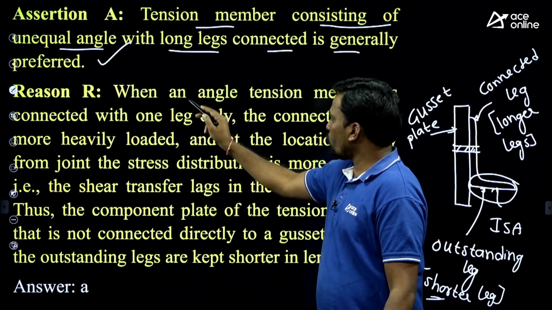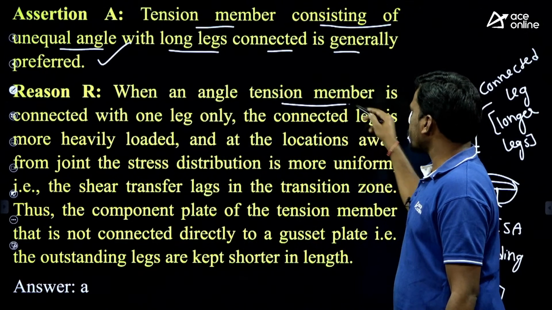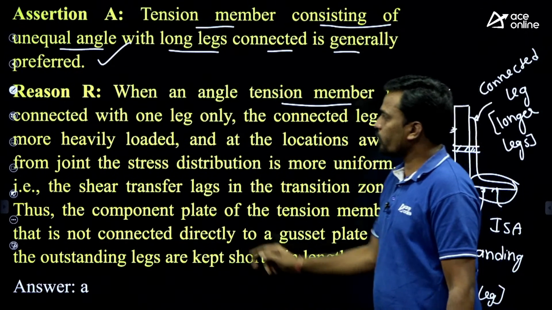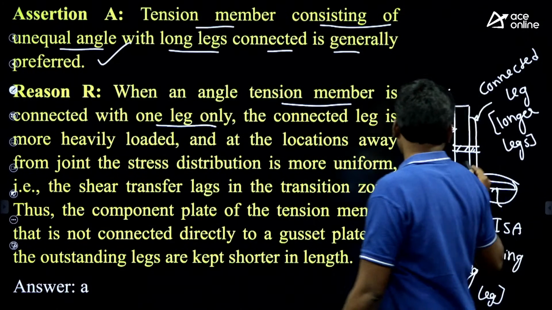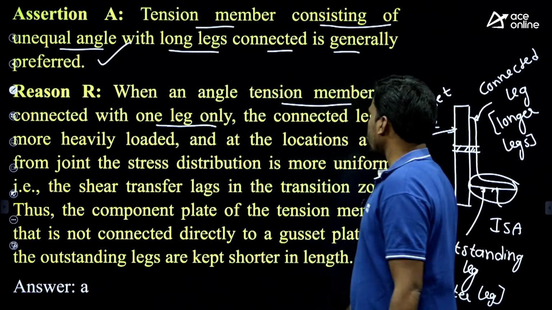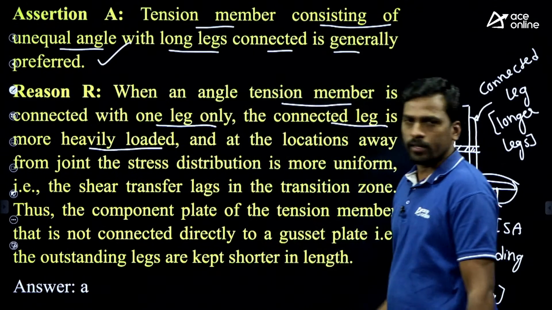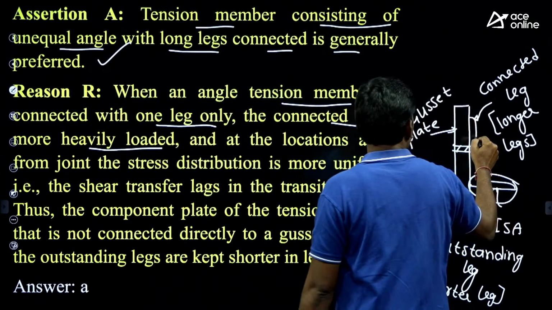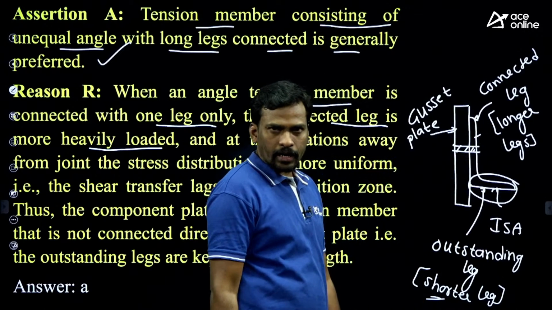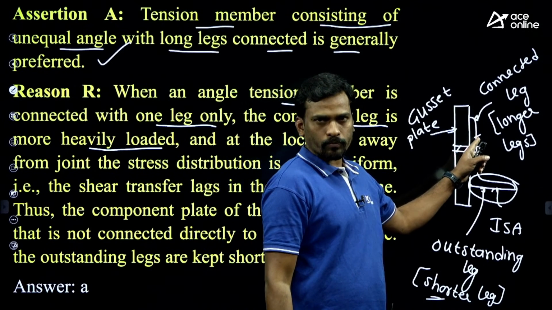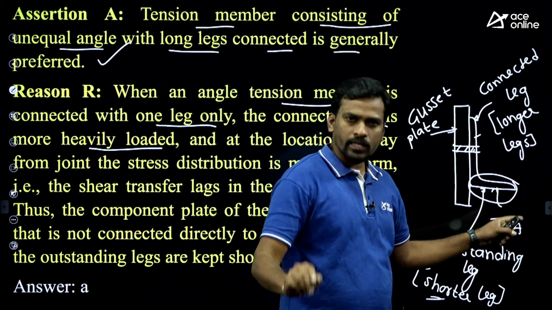Reason: when an angle tension member is connected with one leg only, the connected leg is more heavily loaded. Yes, I told you there is no effect of shear lag in the connected leg, so it can take more load, but the outstanding leg will take less load.